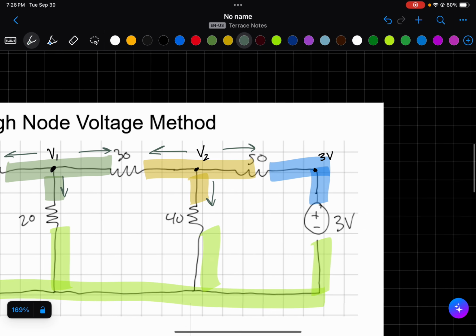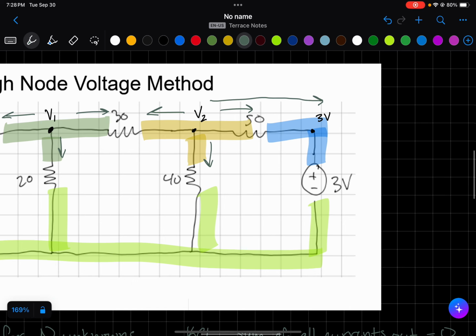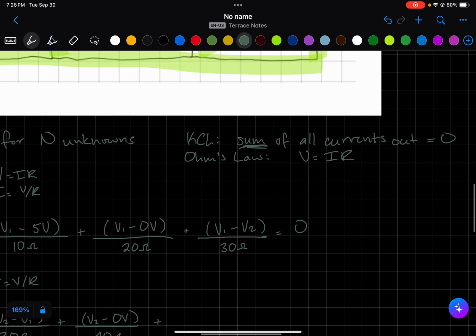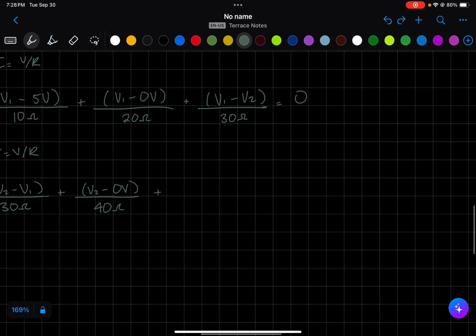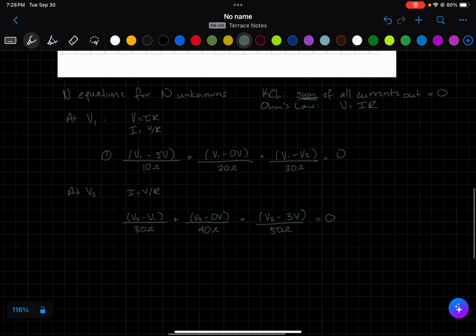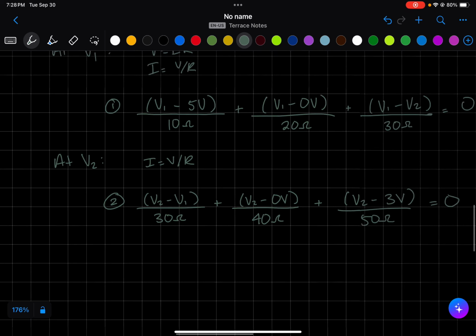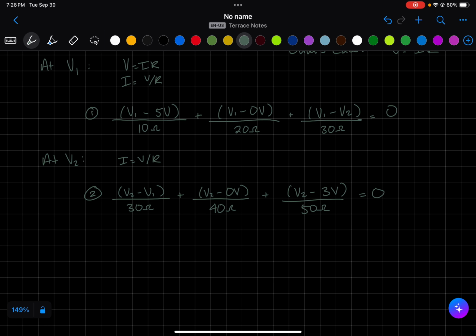Next, we can see that V2 is going across the 50 ohm resistor going to 3 volts. So it'll be V2 minus 3 volts over 50 ohms. Set that equal to 0. Yep, I got that right. That's our second equation.